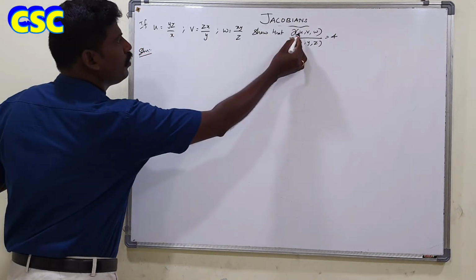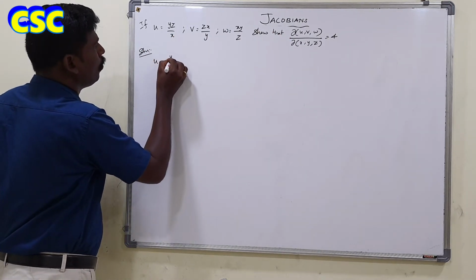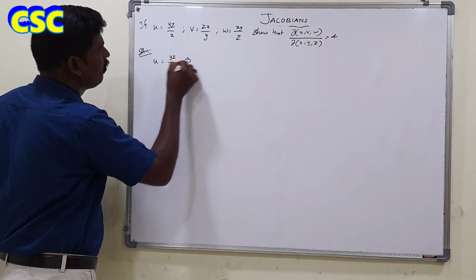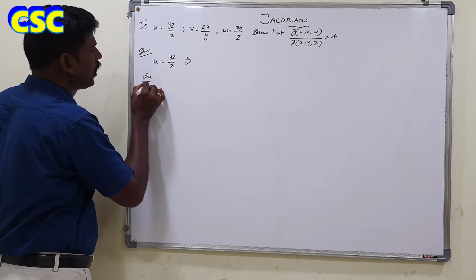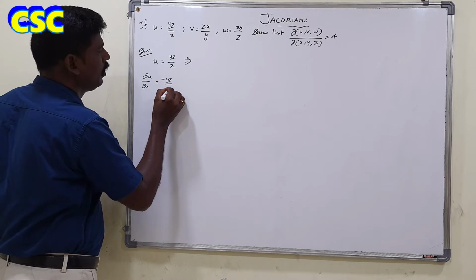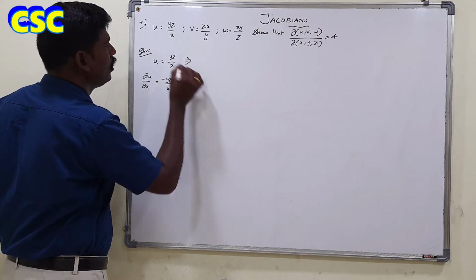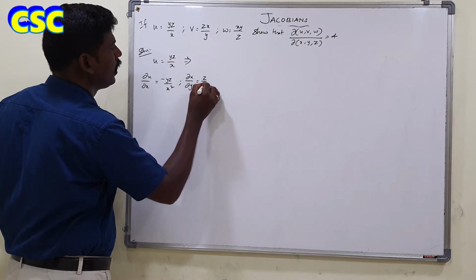So, we need to find the partial derivatives of u with respect to x, y and z. Here u is given as yz by x. From that, we can find dou u by dou x. x is in the denominator, so minus yz by x square. So dou u by dou y is equal to, y becomes 1, z by x.